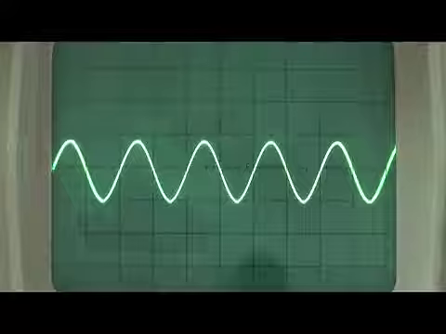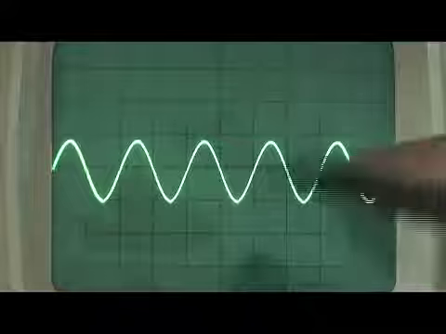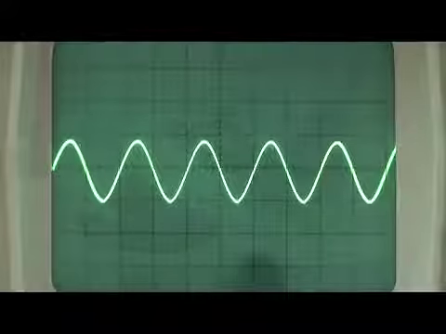If I convert this, 1 by 1 millisecond is equal to 1, and the millisecond, 10 to the power minus 3, goes up and becomes 10 to the power 3. So we get 1 into 10 to the power 3 per second, and we know that 1 per second is the unit of hertz, Hz. So 1 into 10 to the power 3 means 1 kilohertz, or you can say 1000 hertz. What are we giving? 1000 hertz. So we are giving 1000 hertz from the function generator, and we are getting a signal of frequency 1000 hertz.